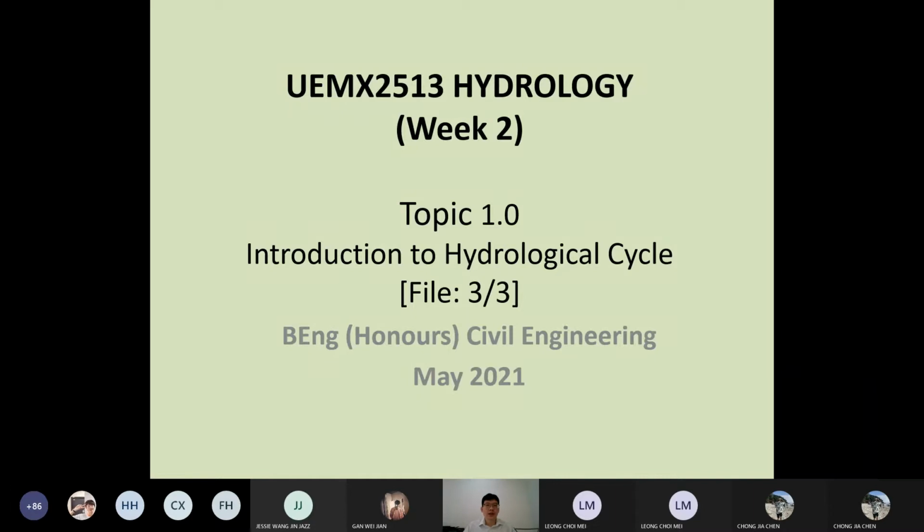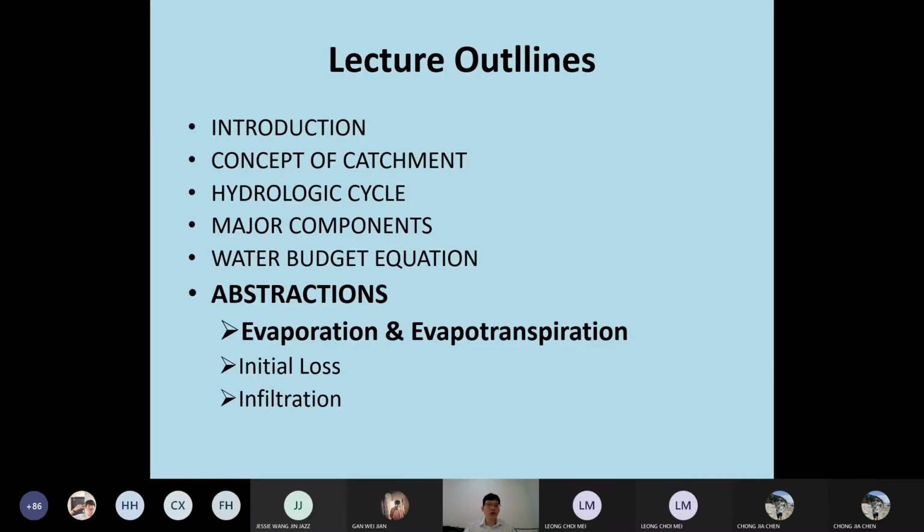We are still in the hydrological cycle, and today we will focus on abstractions. Abstraction means the deduction of water due to several hydrological phenomena, including evaporation.